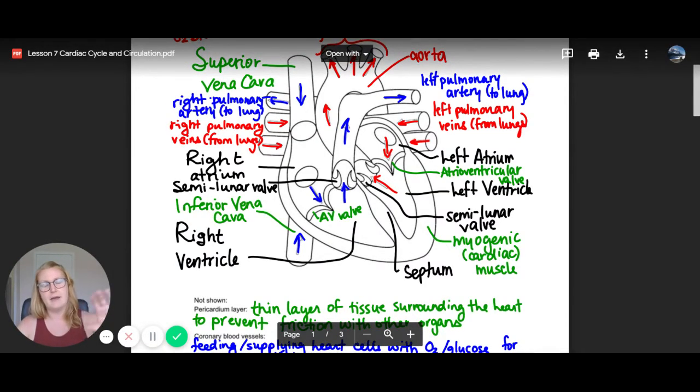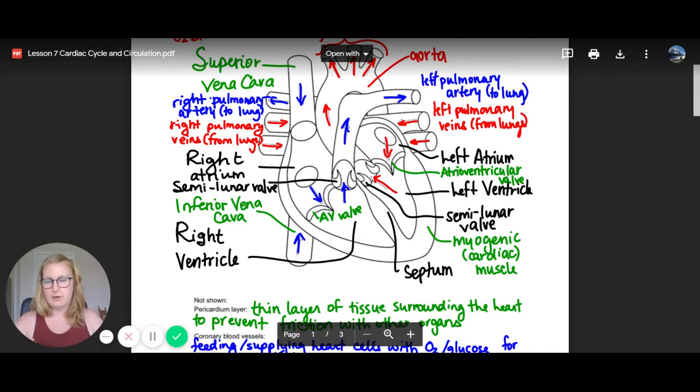But from the lungs, that oxygenated blood is going to return to the heart. So that is where you see right pulmonary vein and left pulmonary vein. Here I'll just mention the difference between artery and vein. So here, the artery has deoxygenated blood because, as I said in lesson 6, the arteries always take blood away from the heart.